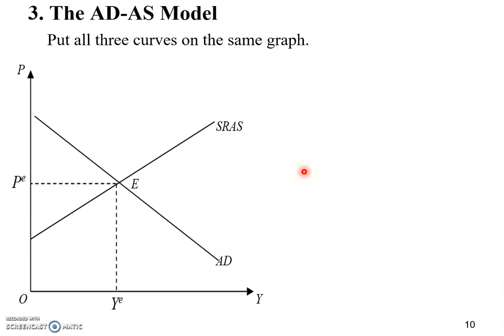Now we have to add the long-run aggregate supply curve, right? Suppose it's here. In other words, the LRAS lies to the right-hand side of point E. And we find that here LRAS crosses AD.